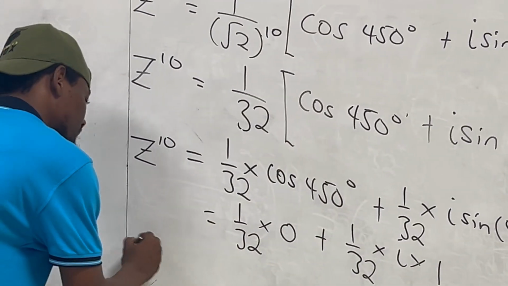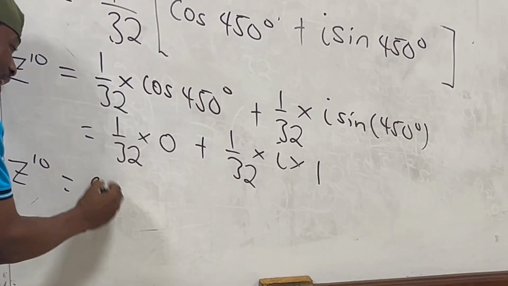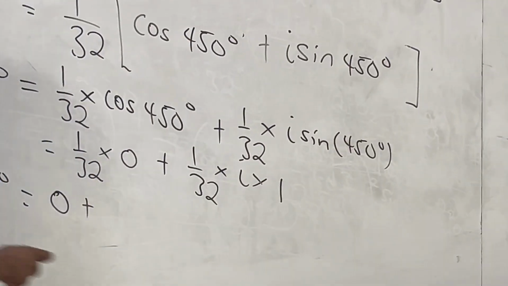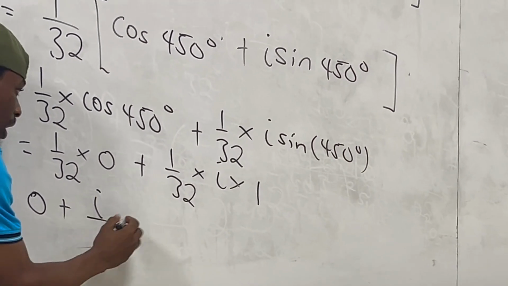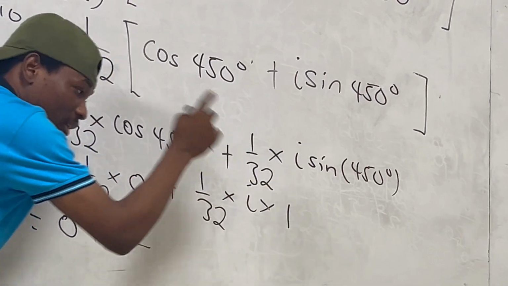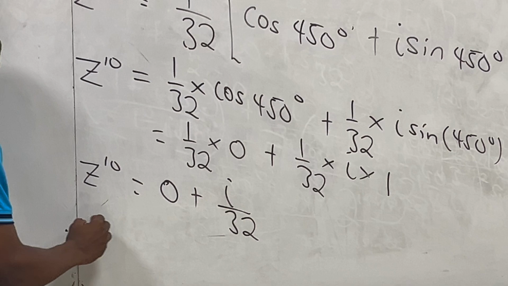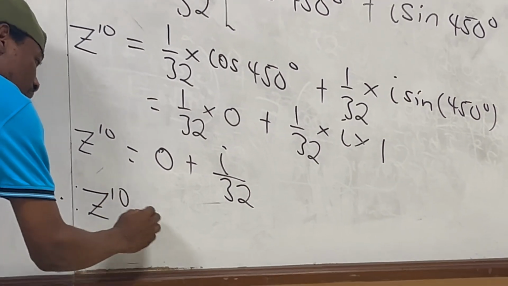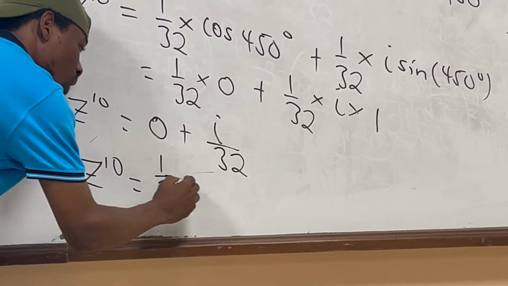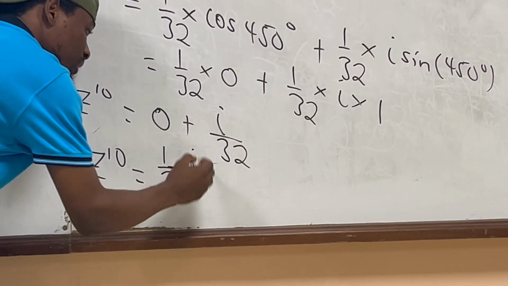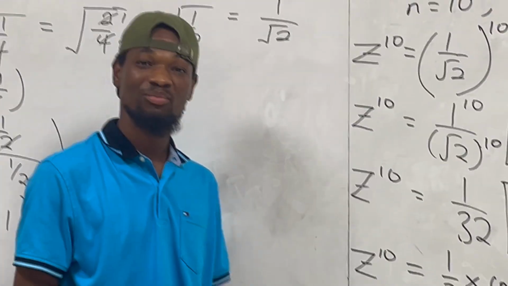So clearly z to the power 10 is equal to 0 plus i over 32. Therefore, z to the power 10 is equal to i over 32. Viewers, this is the end of the question.